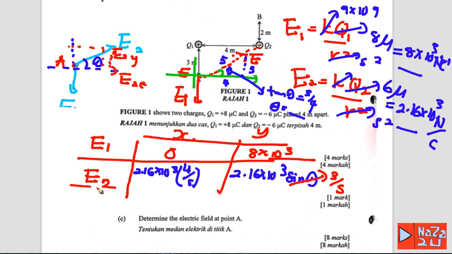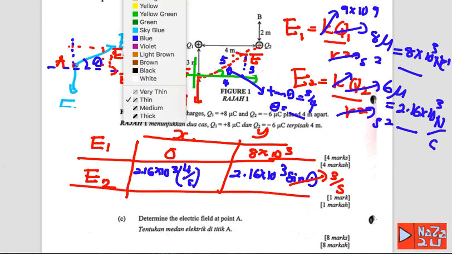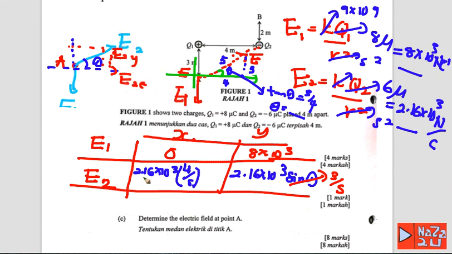So you can calculate the total of the x: 2.16 times 10 to the power of 3 times 4 over 5, with a minus sign, is equal to 1.73 times 10 to the power of 3.